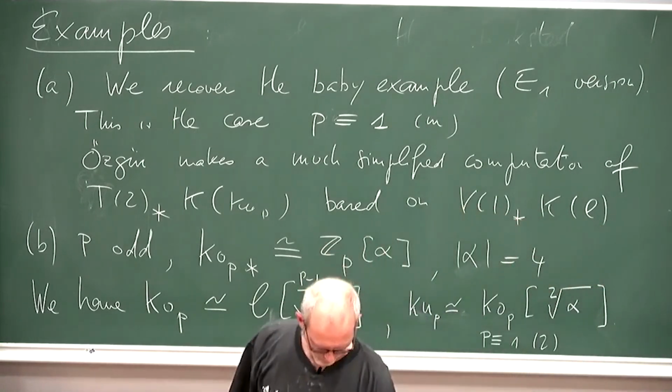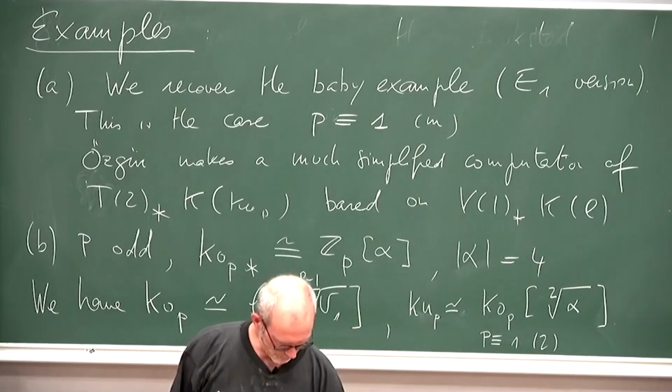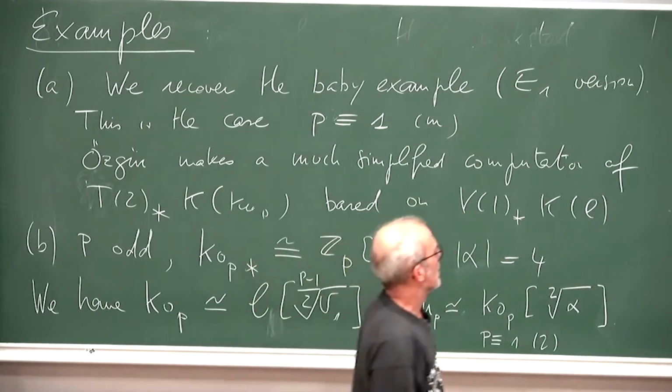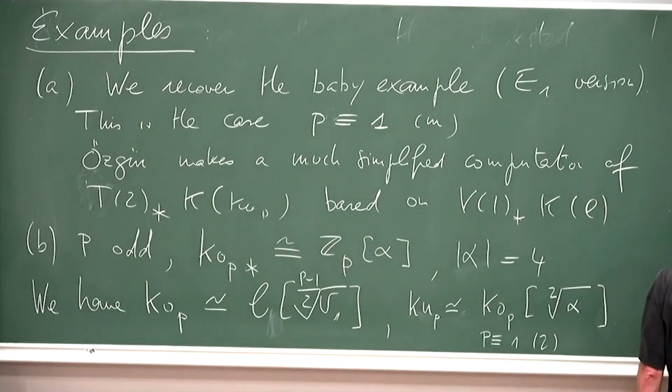So if we Kn localize that, we obtain a form of a Lubin-Tate spectrum over Fp, well, over the p-adic.